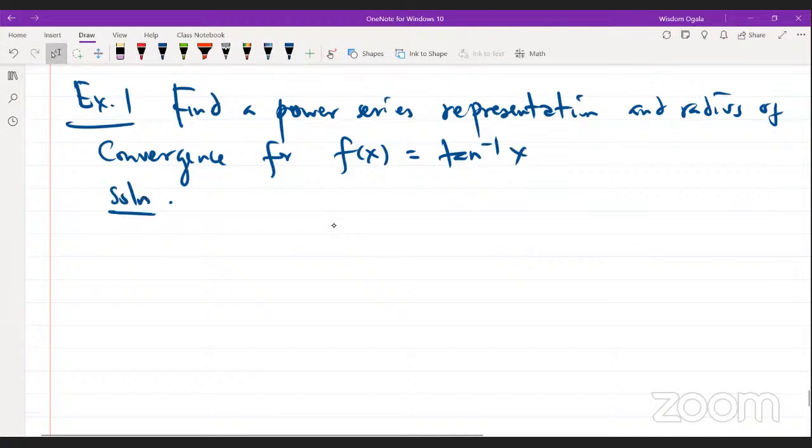Solution. Keep in mind, where do we start from? This is an inverse tan, right? I start this way: differentiate tan inverse of x, which gives 1 over 1 plus x squared.